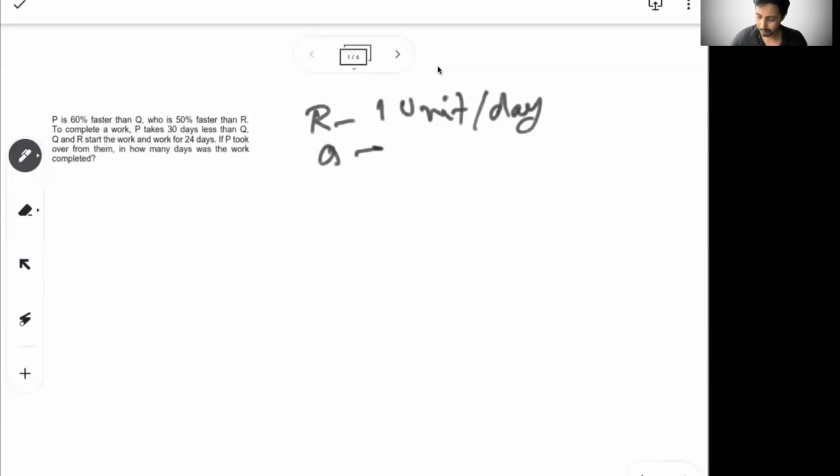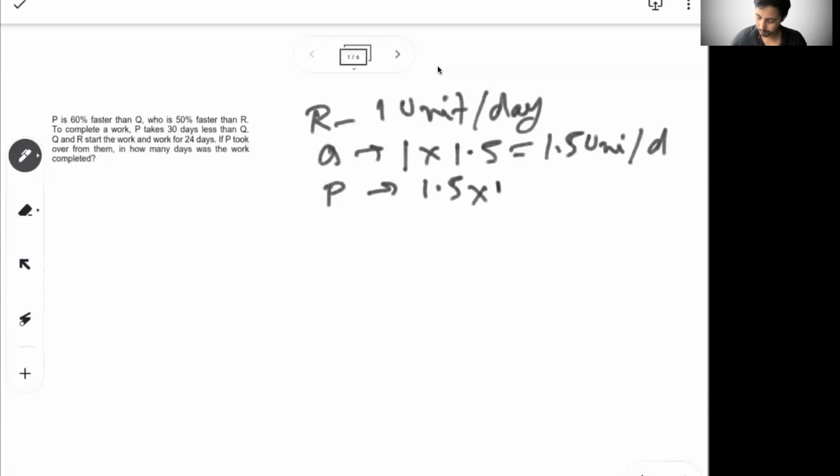Q is 50% faster than R, so 1 into 1.5, that is 1.5 units per day. And P is 60% faster than Q, so 1.5 into 1.6, that is 2.4 units per day.